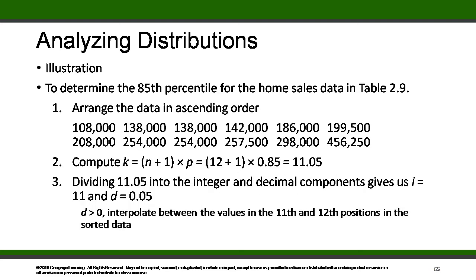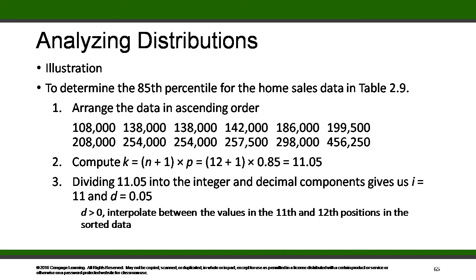Example, to determine the 85th percentile for the home sales data in table 2.9, arrange the data in ascending order, and we have the following. Number 2, compute k equals n plus 1 times p. Then we have n is 12 plus 1 times p is 0.85, which equals 11.05.